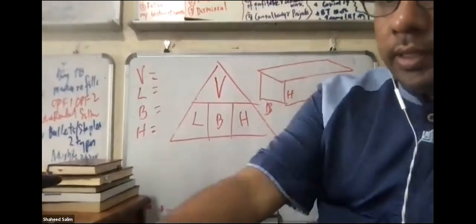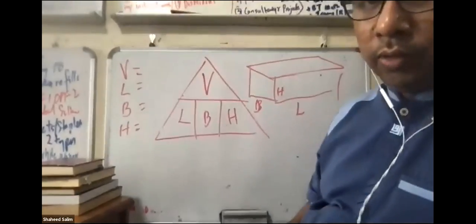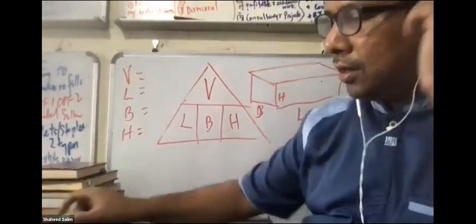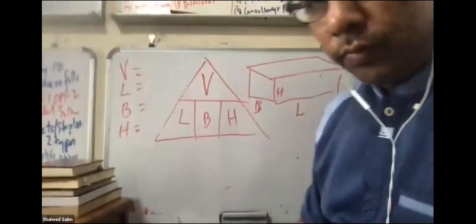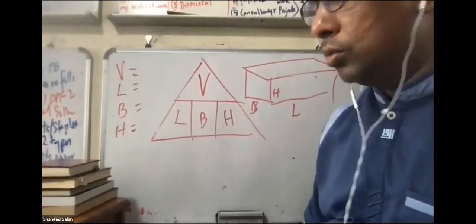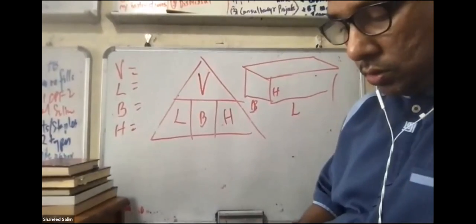Let us see whether you know how to use this formula. If you want to find the volume, you cover volume. Can you send the formulas, please? Then we will go into volume straight. Where is Mr. Ilhan?